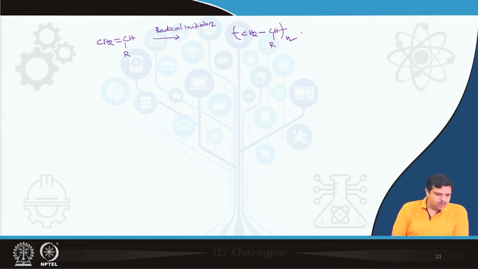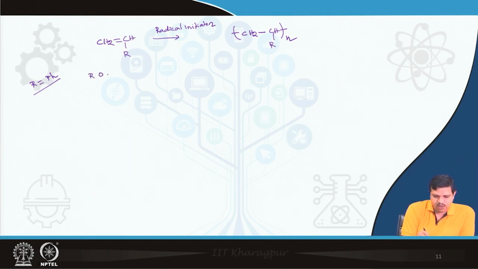Now, I will show an example where R is equal to, let us say, phenyl, so the polymer will be polystyrene and the monomer will be styrene. Then we will understand the mechanism, what steps are involved, and what the advantages or disadvantages are. First is the initiation, generation of the initiators.